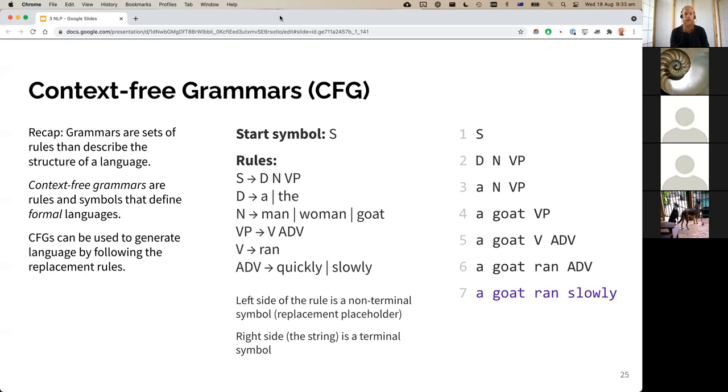So we can use context-free grammars to describe rules for how to parse or to generate natural language, but there is dispute over whether any natural languages can be comprehensively described by context-free grammars. Some people say no, other people say that Sanskrit can be, so this is an ongoing debate. We can use context-free grammars to generate language by following rules of replacement.